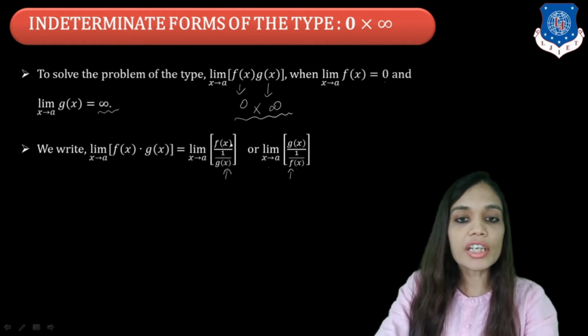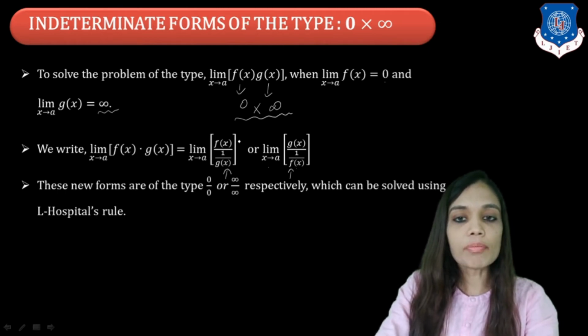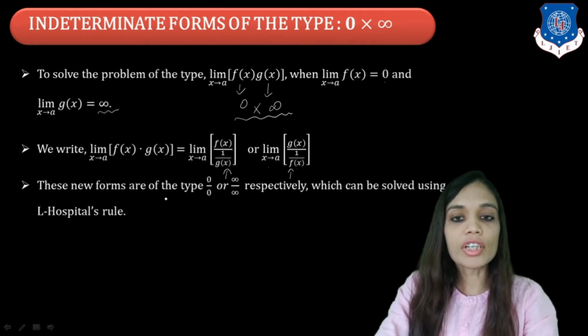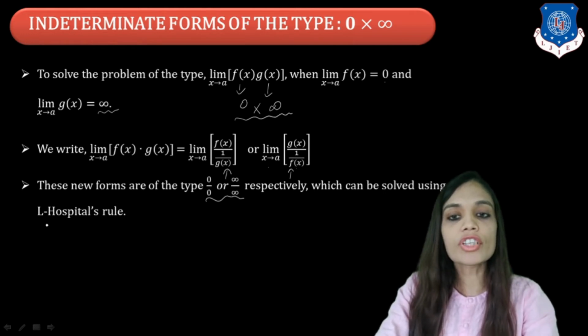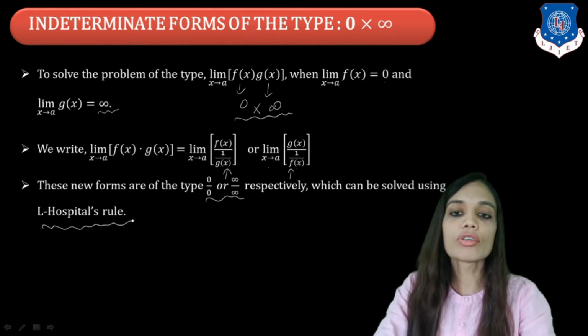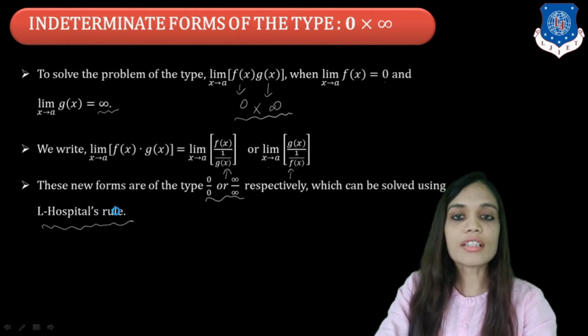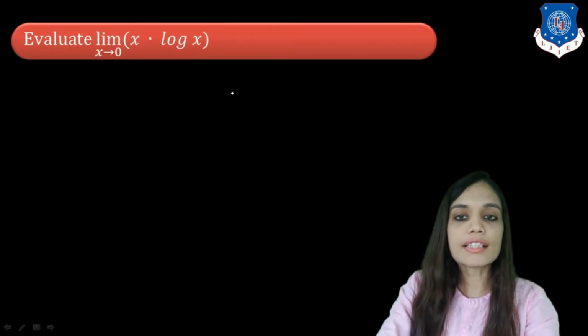We will never take logarithmic functions in the denominator, right? Then after doing this step, this f of x into g of x will be converted into new forms which are of the type 0 by 0 or infinity by infinity respectively, which can be solved easily using which rule? L'Hopital's rule.